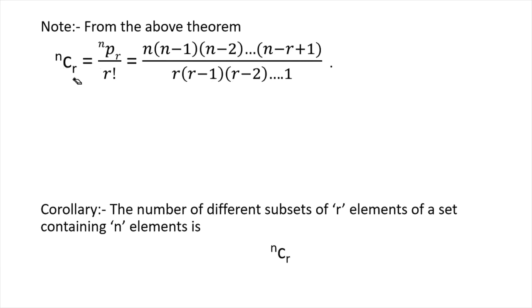Therefore nCr can be written as the product of r consecutive terms in the numerator by the product of r consecutive terms in the denominator.